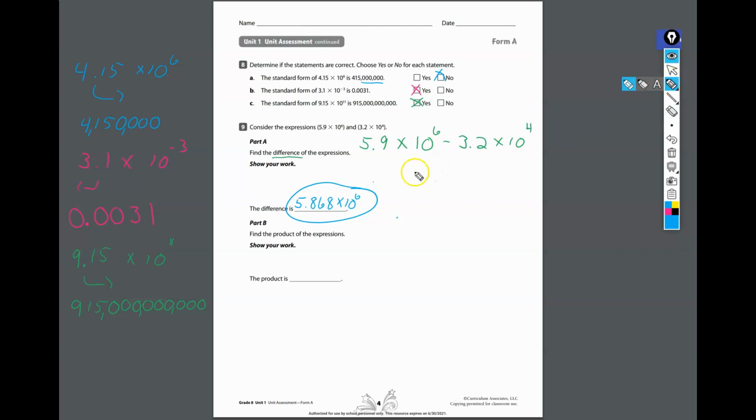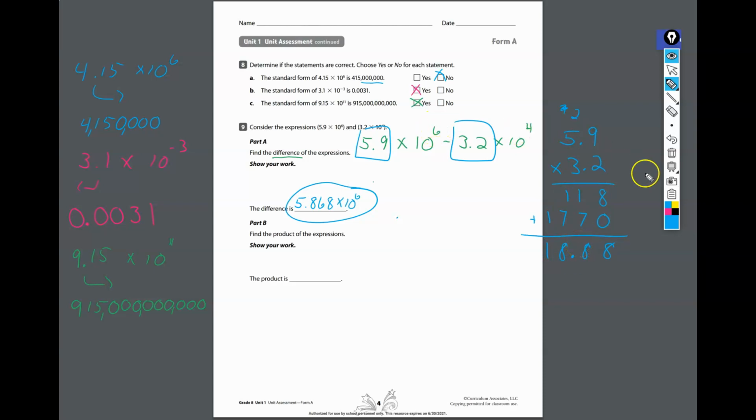So to find the product, you're going to multiply these numbers out in front. 5.9 times 3.2. 2 times 9, 18. 10, 11. 0 is a placeholder. 3 times 9, 27. 3 times 5, 15, plus 2. Add those up, 8, 8, 8, and 1. I've got a total of 2 decimal places.